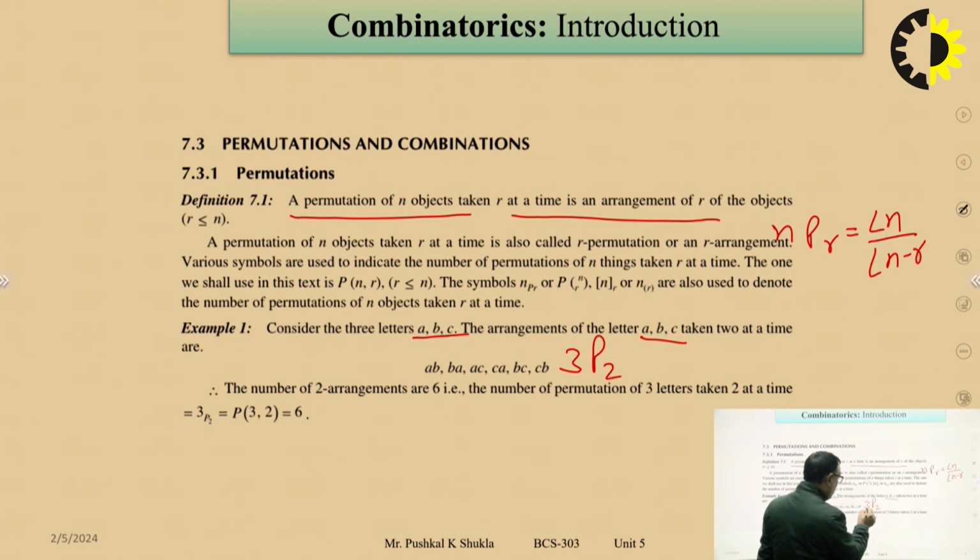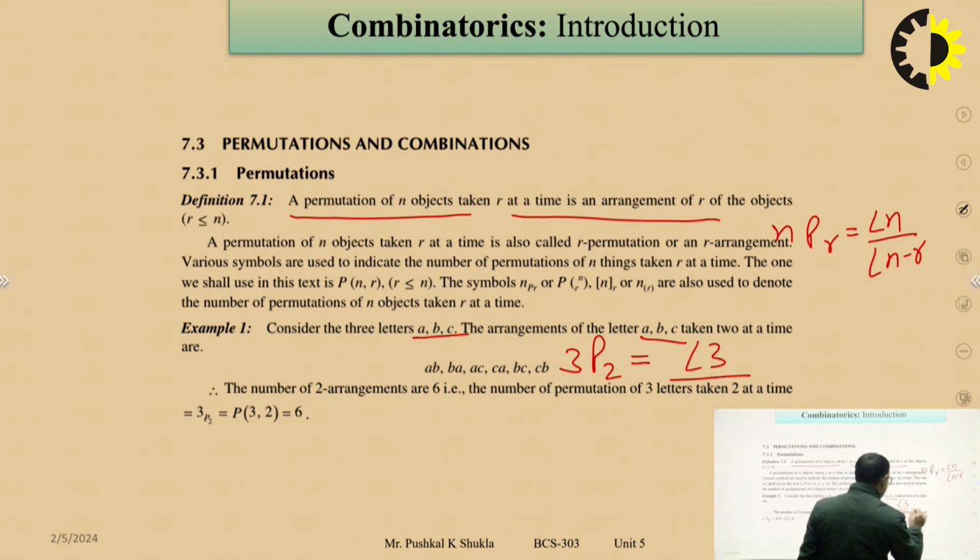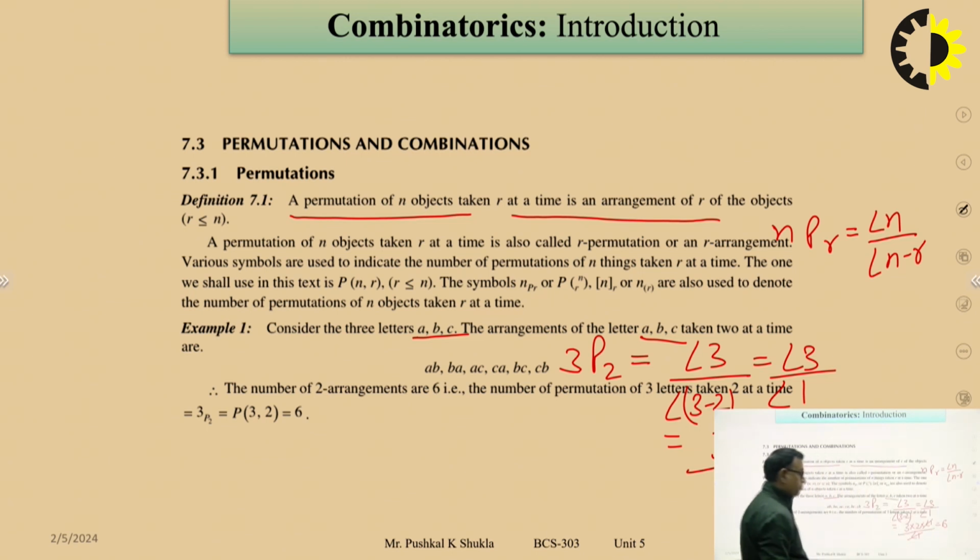Out of three letters, two are taken at a time, that is 3P2, and it will be written as factorial 3 divided by factorial 3 minus 2, that is factorial 3 divided by factorial 1. It means 3 into 2 into factorial 1 divided by factorial 1, so there will be 6 ways.